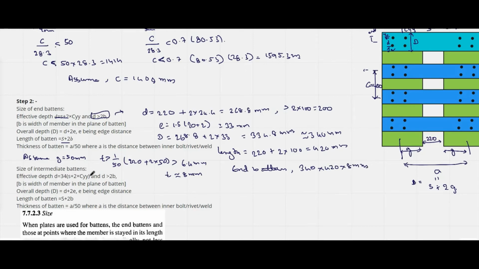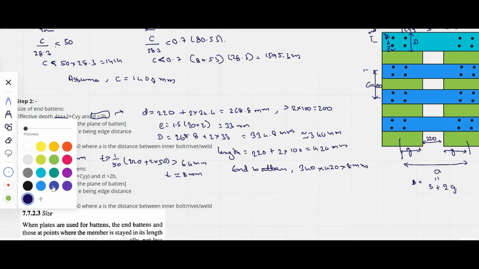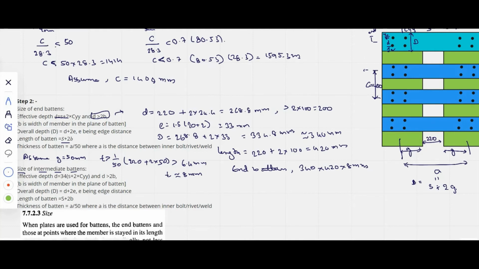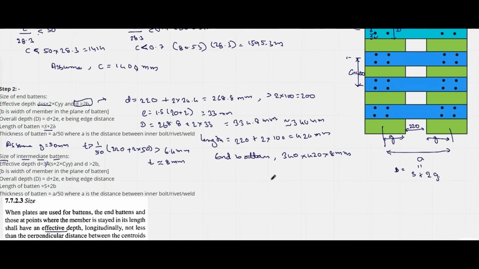In the same way, let us calculate the intermediate batten. We know that the effective depth is 3 quarters of the center to center distance.